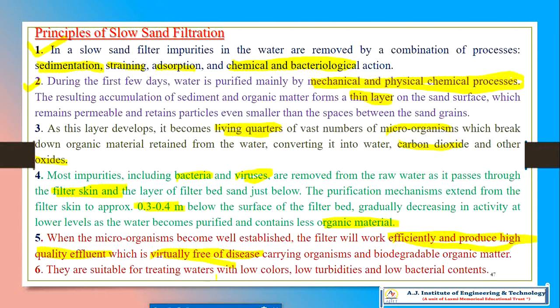They are suitable for treating water with low color, low turbidity, and low bacterial content.